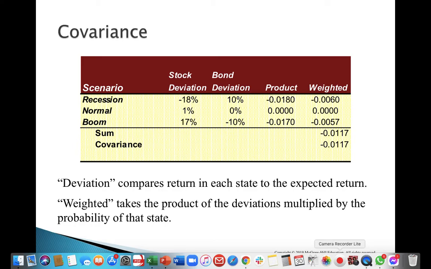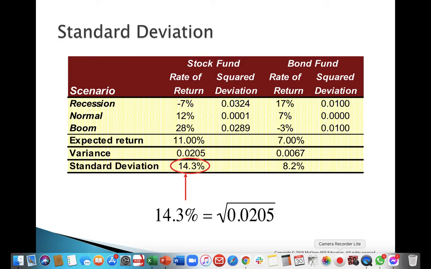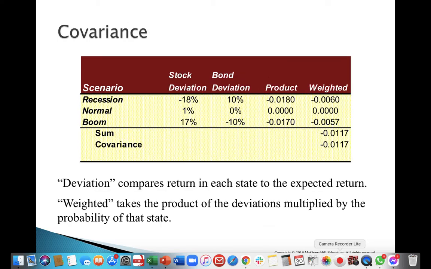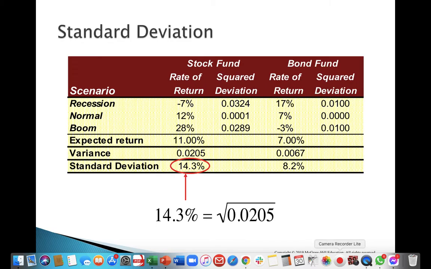So we have calculated the deviation of stock fund. Now let us calculate the deviation for bond fund. 17 minus 7 is equal to 10%. Similarly, 7 minus 7 is equal to 0%. Similarly, for boom, minus 3 minus 7 is equal to minus 10.